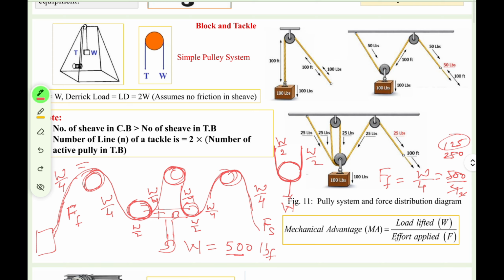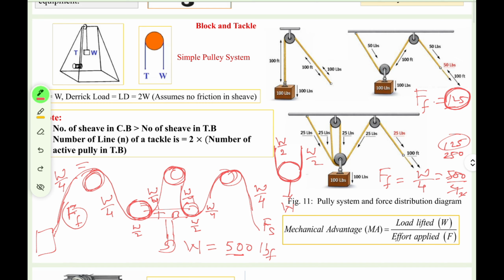So FF is equal to 125. What does it mean? You are applying only 125 lb of load to lift 500.